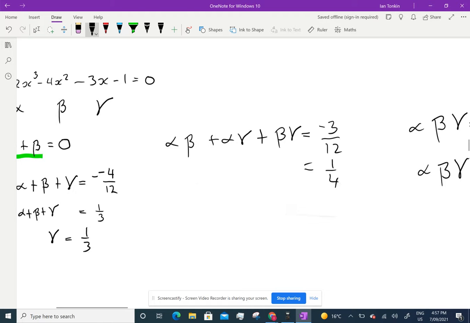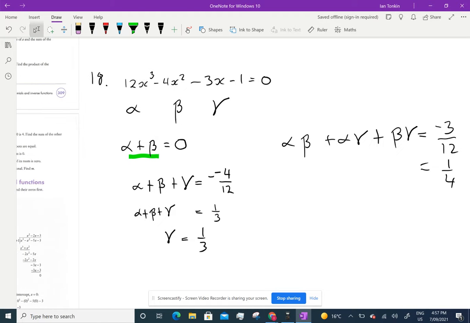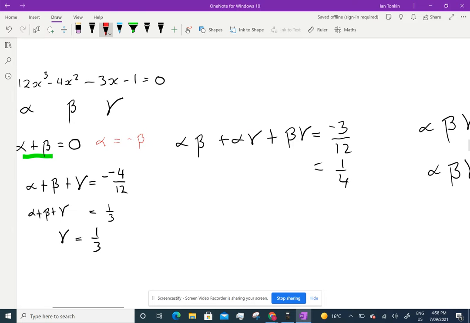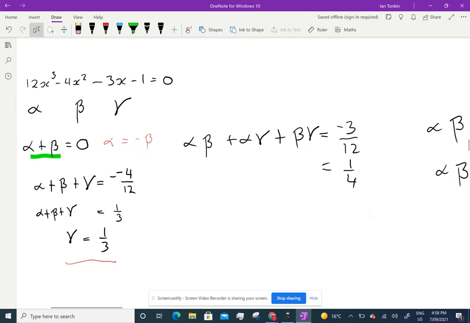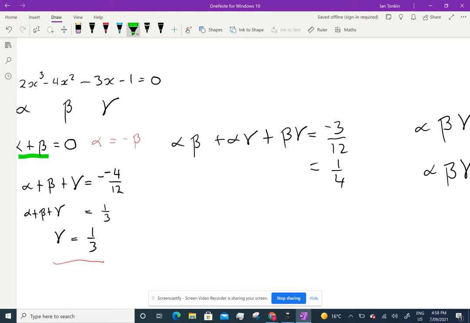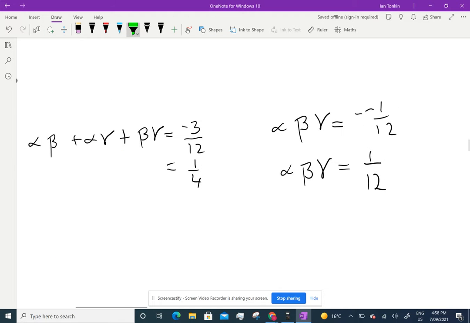Now, let's go back here. If the roots add up to 0, I can rewrite this equation and I can subtract, so that alpha equals minus beta. So now I already know one root. I'm just going to use this one and I'm going to sub minus beta in for alpha.